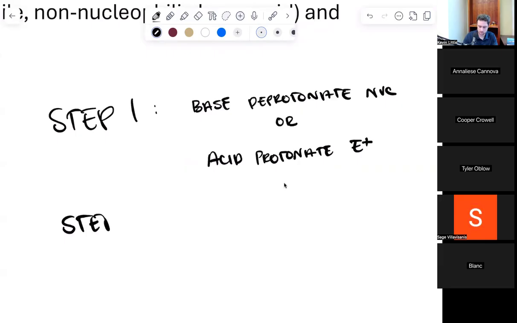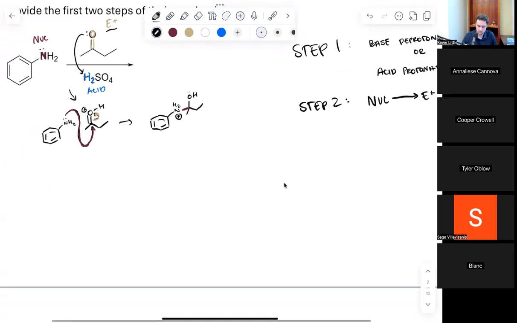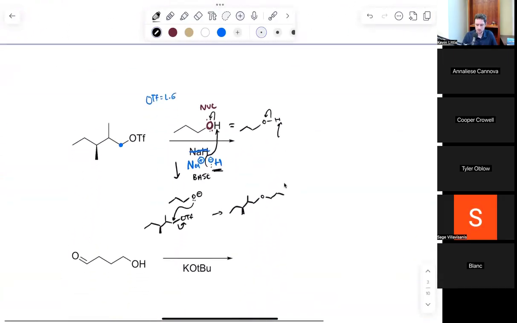And then step two, nucleophile, attack, electrophile. Those are the first two steps. I expect you to be able to do that. I expect you to be able to identify nucleophiles, identify electrophiles.